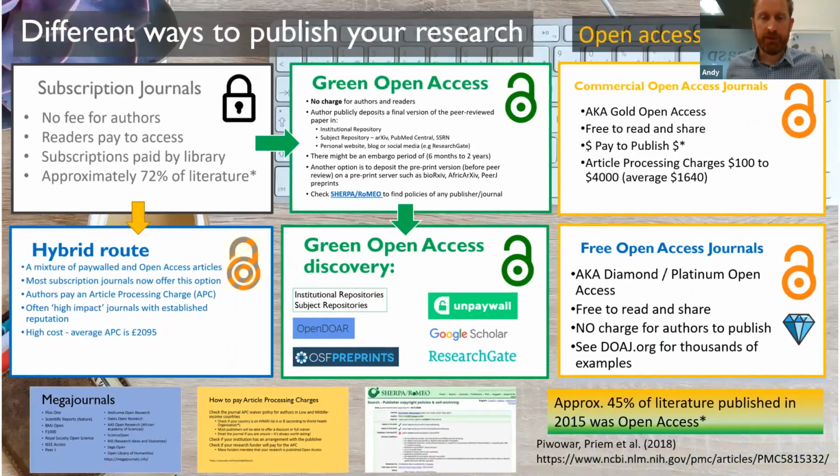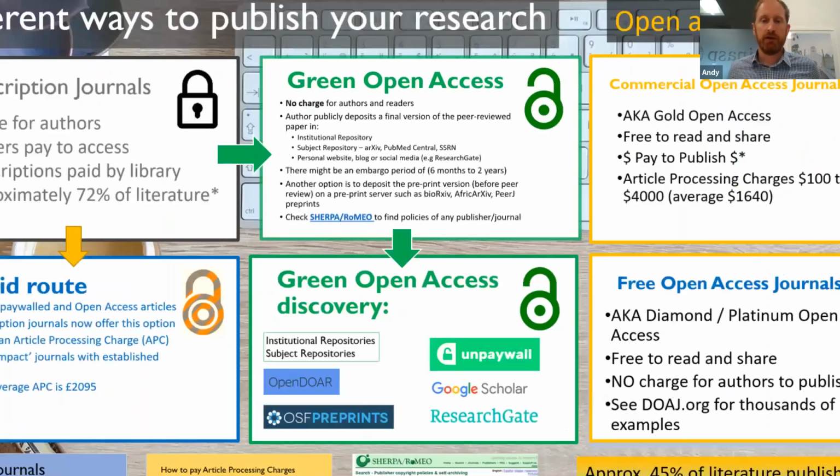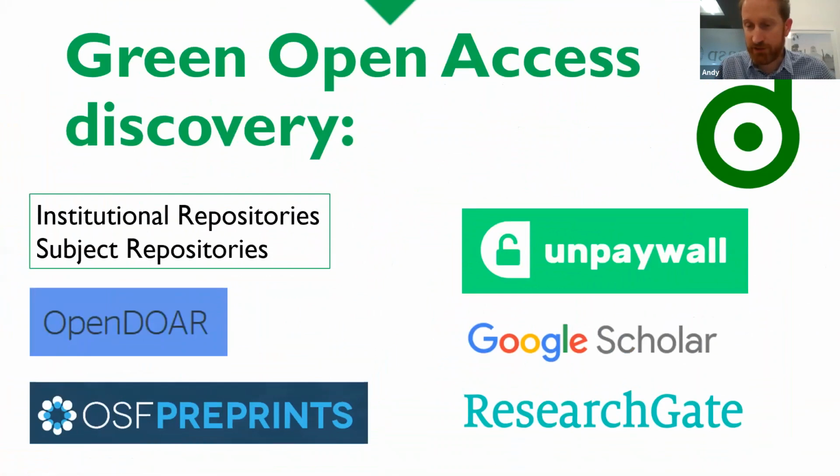Yeah, there's a website called SHERPA RoMEO, which you can look up to find what the policies are of each individual journal to see what you can actually do. There are different rules for every journal. So this means that there is a lot of free access out there in institutional repositories, in subject repositories, in preprint repositories.